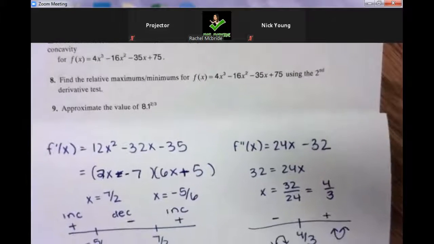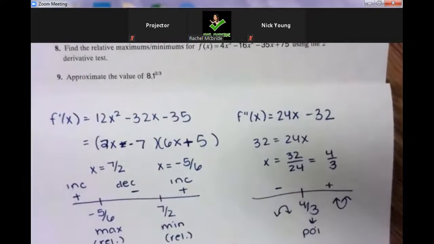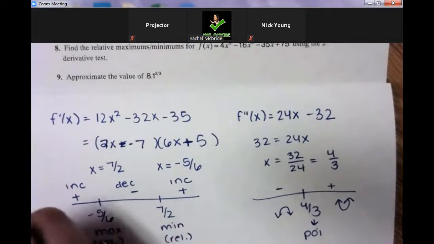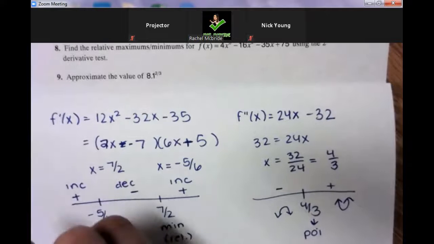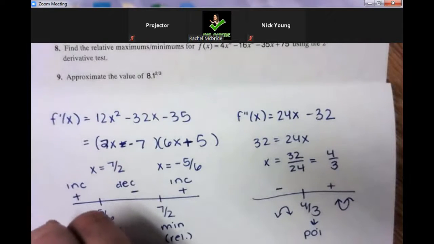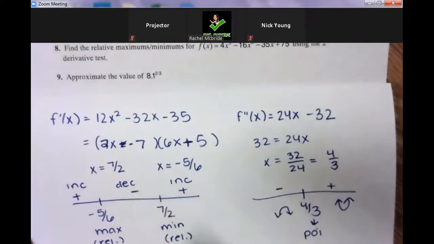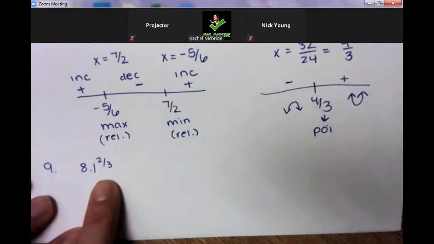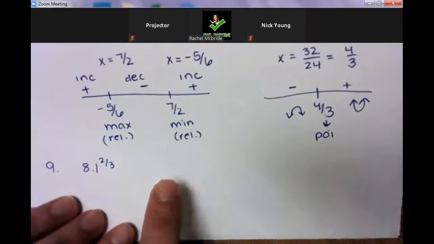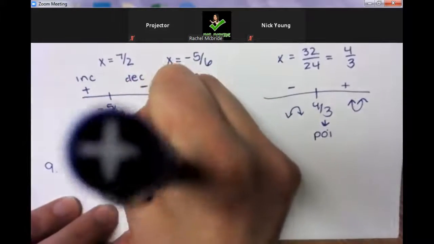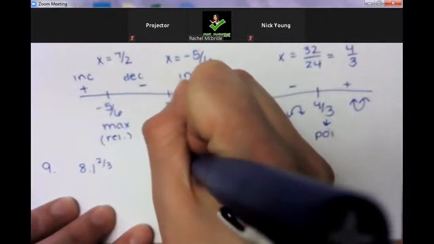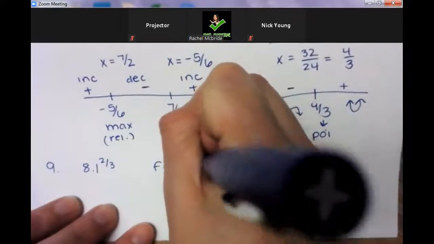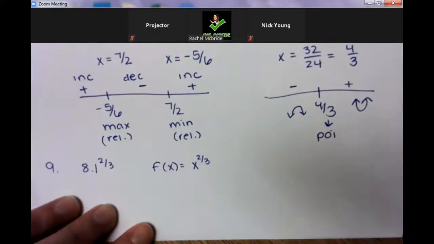Okay, number 9. Number 9 is a linear approximation. So I want to approximate 8.1 to the 2/3. So what that means is you kind of need to figure out, okay, what is my function? If I want to approximate 8.1 to the 2/3, my function is x to the 2/3.